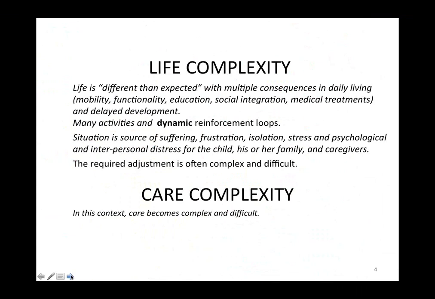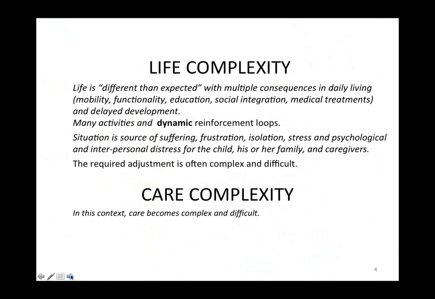But this life complexity, in situations where things are different than expected because of problems at birth or after birth, has multiple consequences in daily life for mobility, functionality, education, social integration, and medical treatment. So it corresponds to all the activities we could see on the pictures before. And of course, delayed development is an issue.